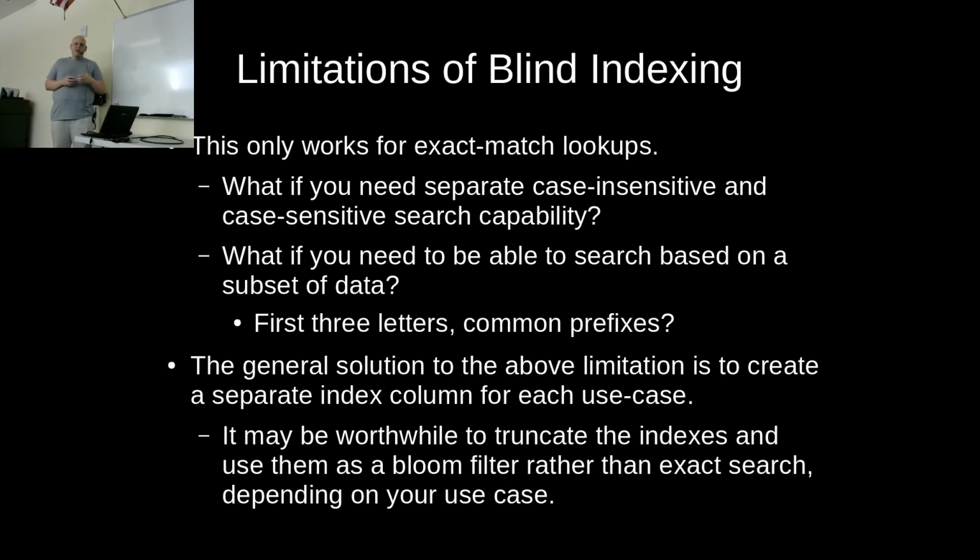If you're more concerned about storage than you are about CPU usage, you can just truncate the hashes that you get from these operations and use them as a Bloom filter. So you might type in the first 3 letters of John, and you might get 5 different results with different ciphertexts. And then you go through a much smaller subset, and you still have an O(n) solution, but you have less storage.